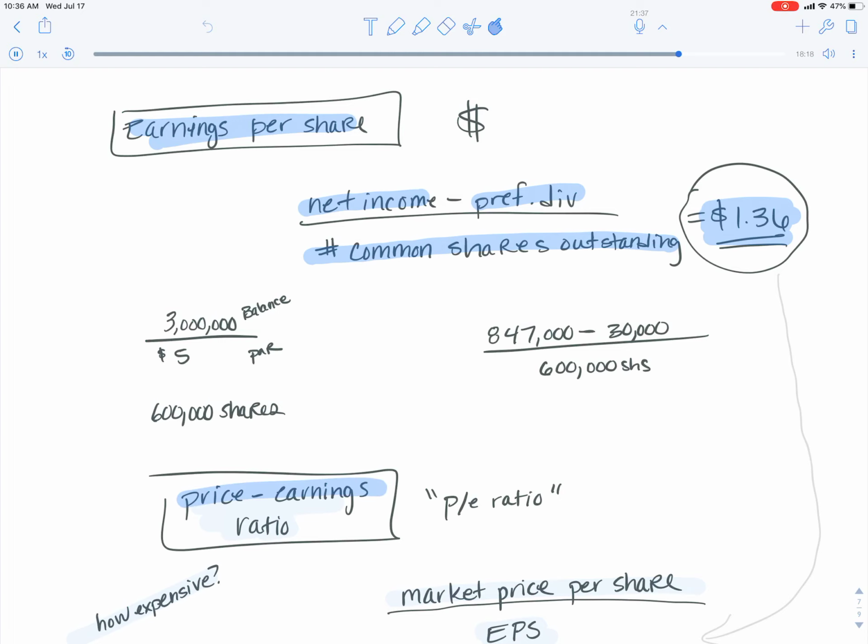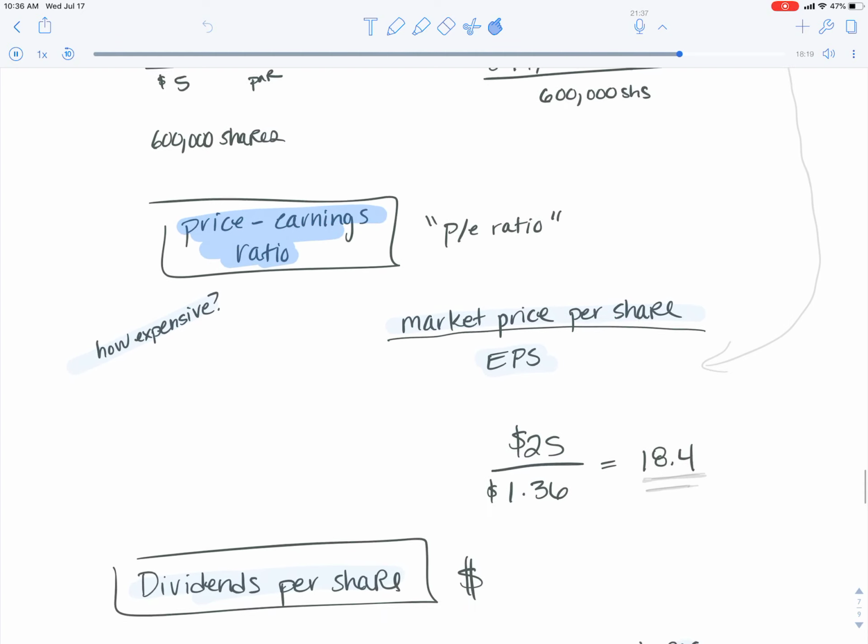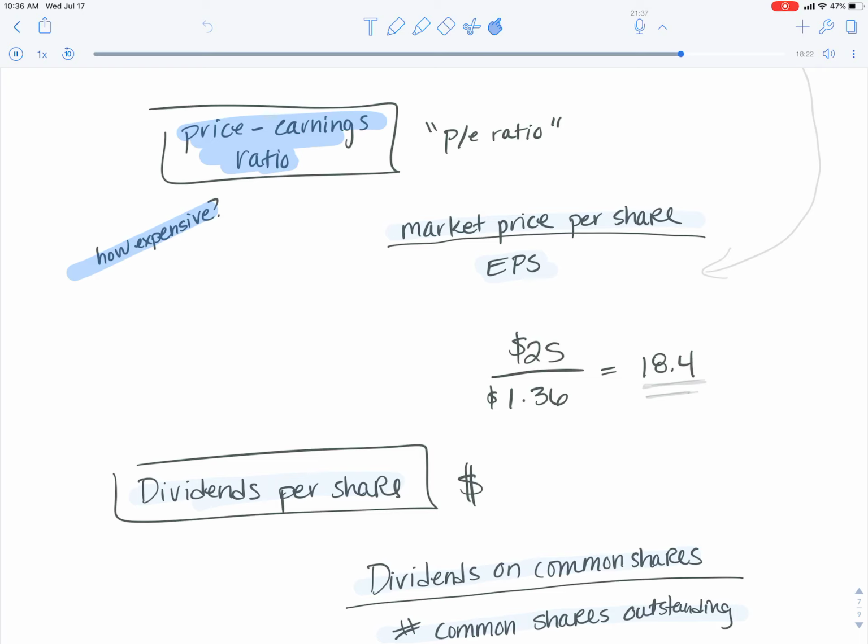Price earnings ratio tells you how expensive this investment is. So if you run this analysis on Amazon, you can see that they have a really high PE ratio because Amazon stock is really expensive, over $2,000. So we're going to take the market price per share. In the financial statements I've given you, this is at the very top. It tells you what the market price is.